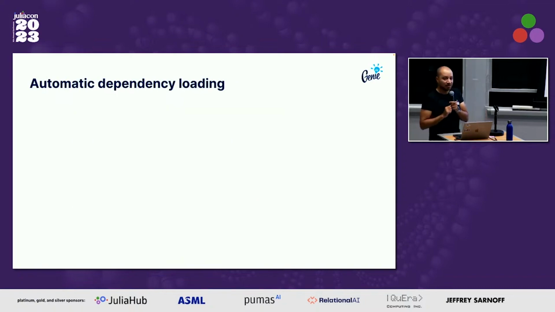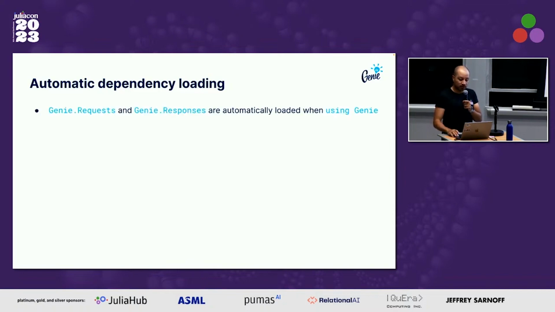Moreover, now finishing with the parameters and moving on to workflow improvements that we have introduced in this new version of Genie, we have improved the workflow so that now there is automatic dependency loading, so that modules such as requests and responses are automatically loaded when we import the Genie package with using Genie.